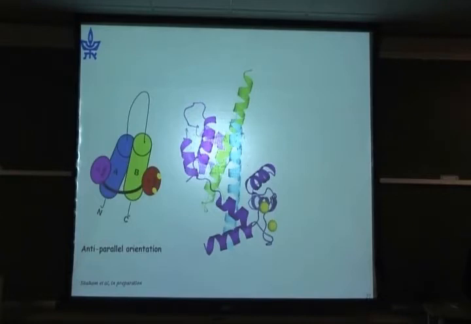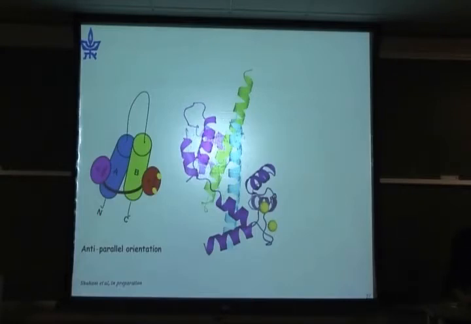So here we have the N lobe that contacts the B helix of one subunit, while the C lobe is contacting the A helix of another subunit, as if calmodulin was bridging two neighboring subunits. But we know that this is kind of artifact.